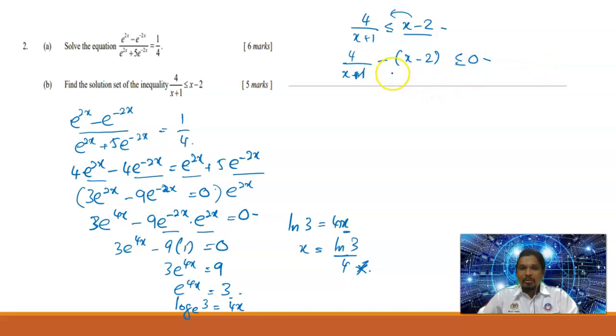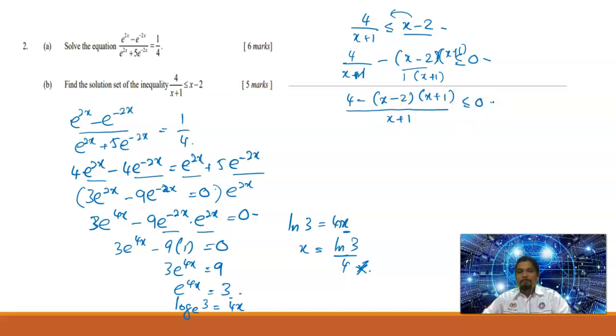Class, we are going to assume that this is divided by 1. We're going to simply equalize the denominators of these two. So we need to multiply with x plus 1, and also on the top here, multiply with x plus 1. So 4 minus x minus 2 with x plus 1, everything here divided by x plus 1, less than or equal to 0.